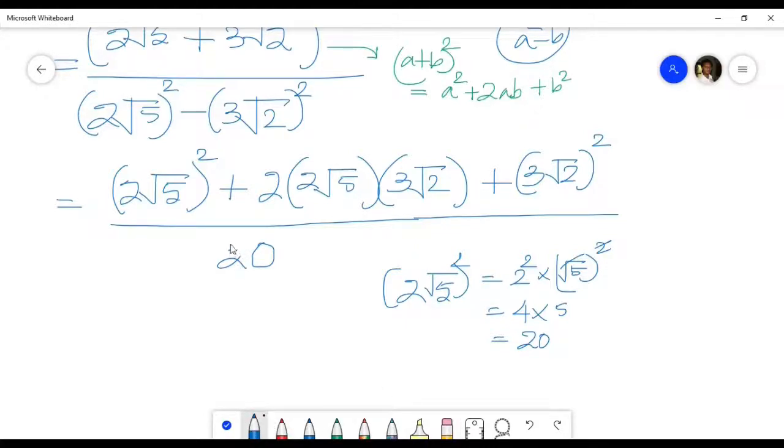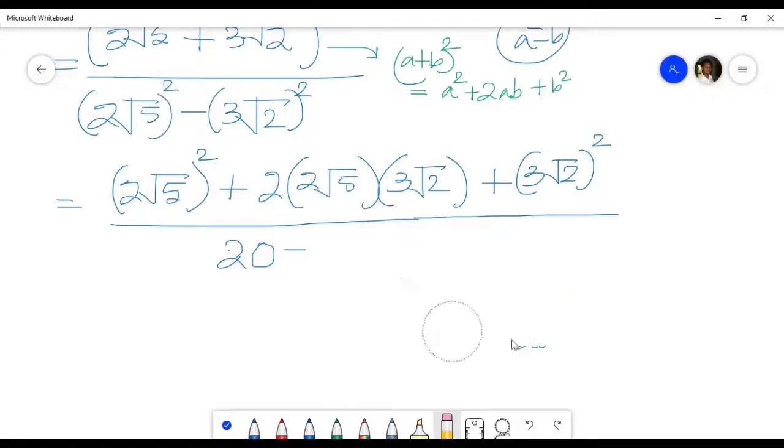Let's see the second term of the denominator, that is 3 root 2 whole square. I'll explain to you over here how to solve the second term. I've explained in the previous videos also, so for those who are not able to, I'll explain once again. That square is for both 3 and root 2. So we segregate 3 and root 2. 3 square into root 2 whole square.